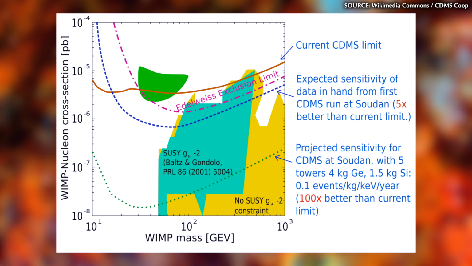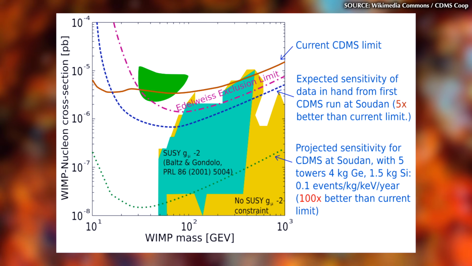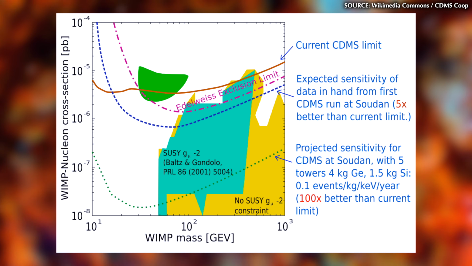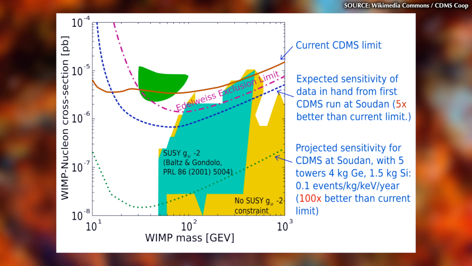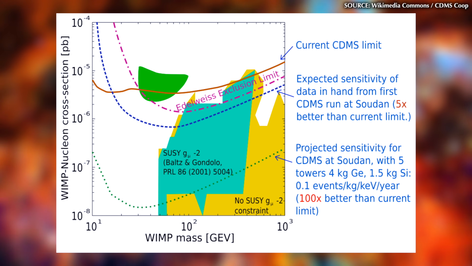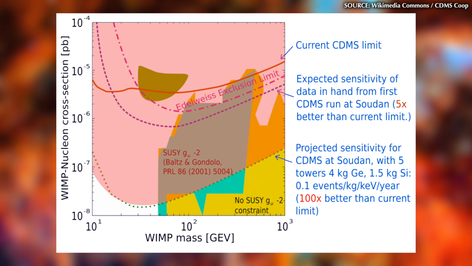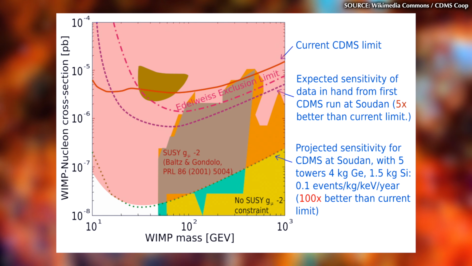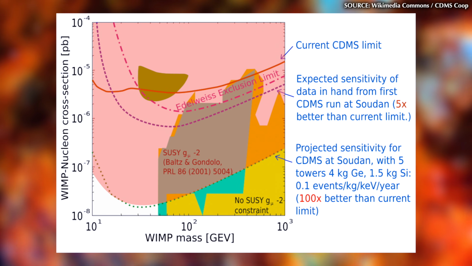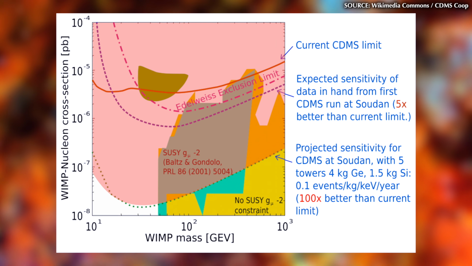The relevant point is that the colored areas are allowed by theory, and the curves are the constraints that follow from null results of experiments. This tells us where WIMPs can't be and where to look next, until eventually either something is found or everything is ruled out. And of course, constantly finding null results just to exclude some more areas becomes tedious over time, but that's the grind of scientific research.